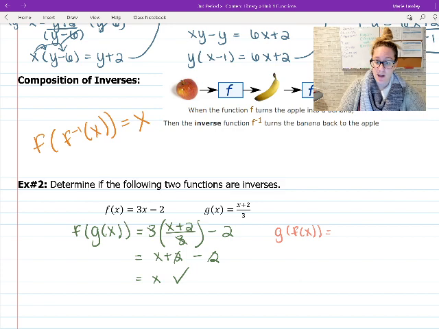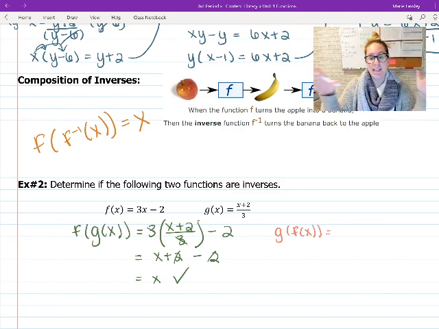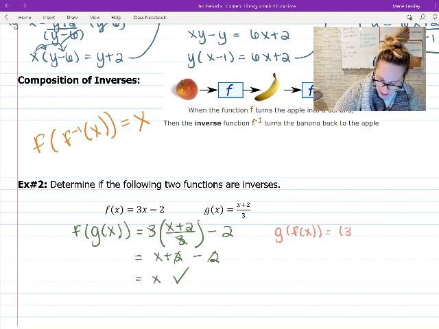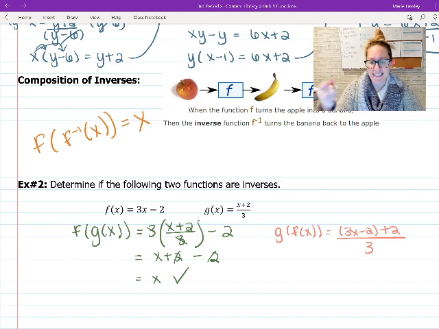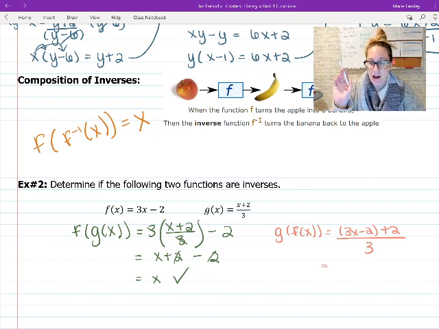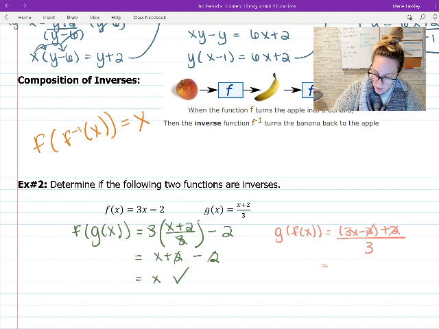All right, so let's do it the other way. Remember, now g is the outside function, so now we're putting f inside of g. So g has x plus 2, so now it's going to become (3x minus 2 plus 2) all over 3. We're just replacing x with whatever f of x was, which was 3x minus 2. Now we simplify. We have a minus 2 and a plus 2. That's going to make 0, so that leaves us with 3x over 3.